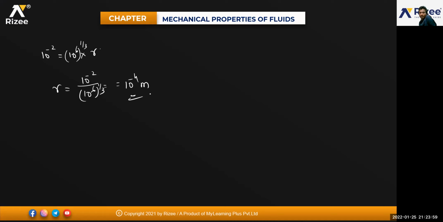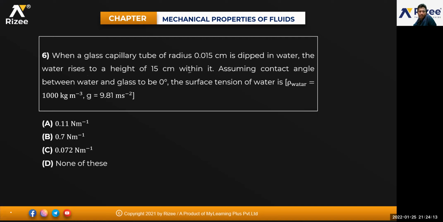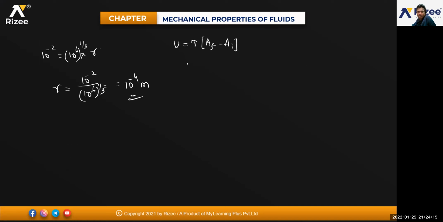Okay. So now the work done or energy is equal to surface tension into the final area minus the initial area. Very good. Surface tension is given. So that is equal to T into n into 4 pi small r square minus 4 pi capital R square. That is equal to T into 4 pi common, into n times small r square minus capital R square.